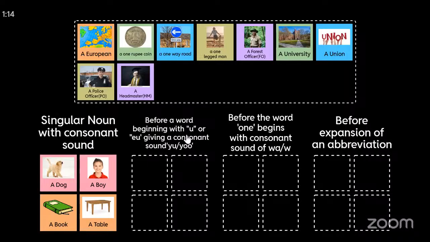Correct. See here, the header says: before a word beginning with U, giving a consonant sound as YU or YOO. The way we sound this letter, we may pronounce it YOO or YU. So although it is beginning with a vowel letter, the sound is a consonant sound.